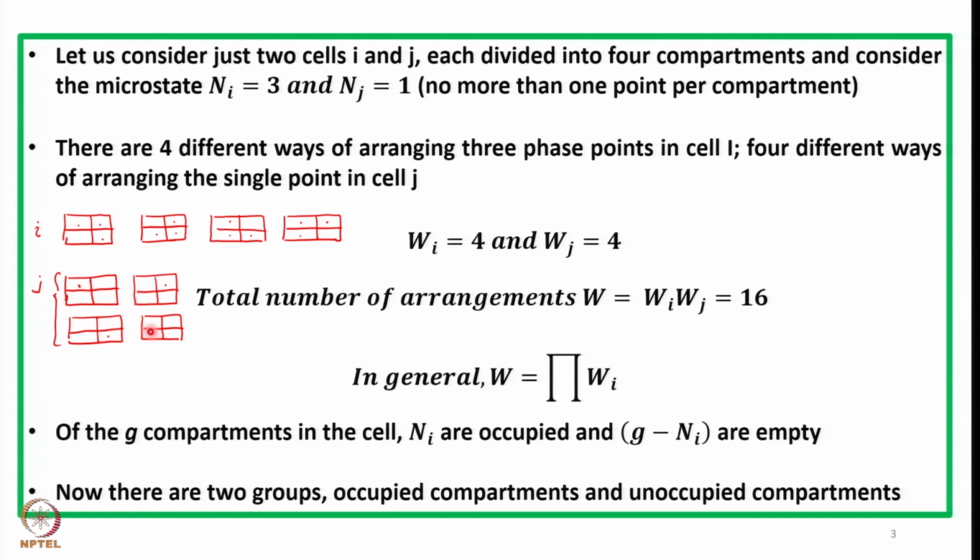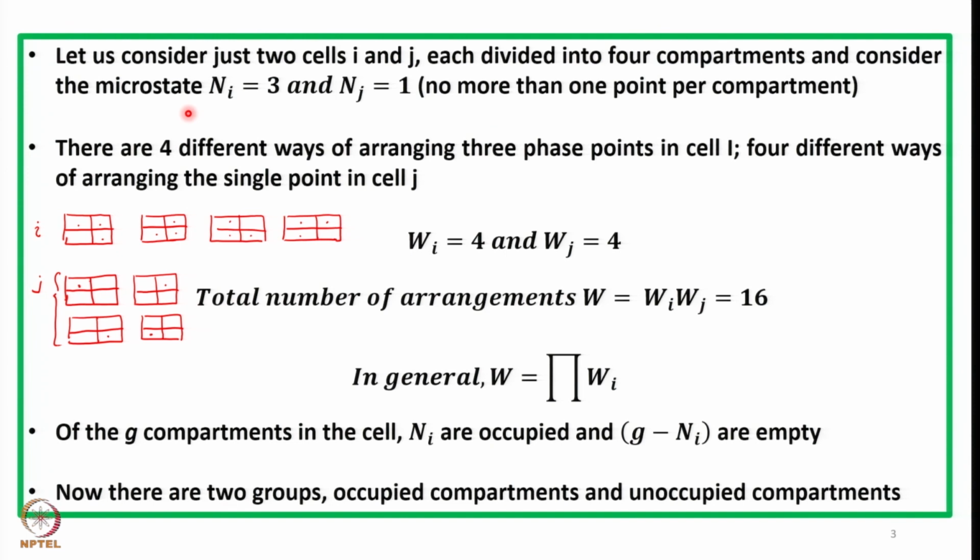And 1, 2, 3, 4, Wj is equal to 4. So the total number of arrangements is Wi times Wj, which is equal to 16. There are 16 possible arrangements, with Ni equal to 3 and Nj equal to 1, adhering to the Pauli exclusion principle.